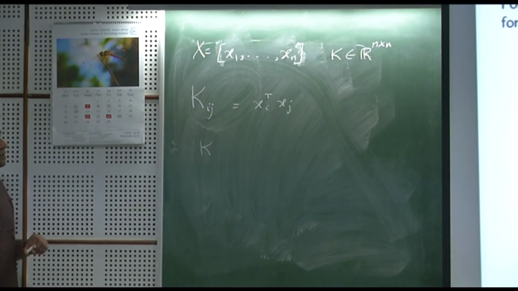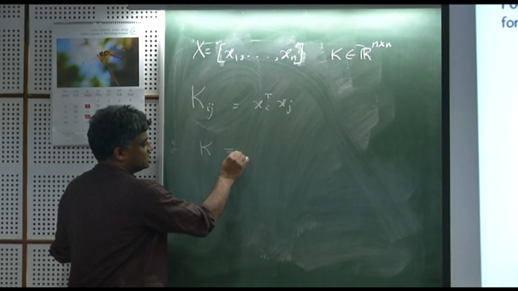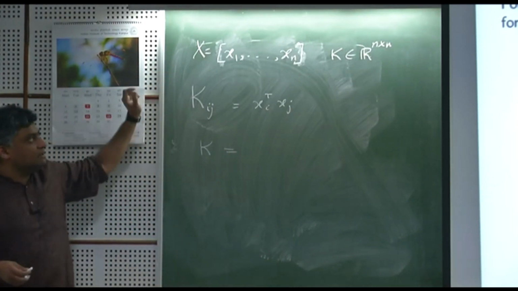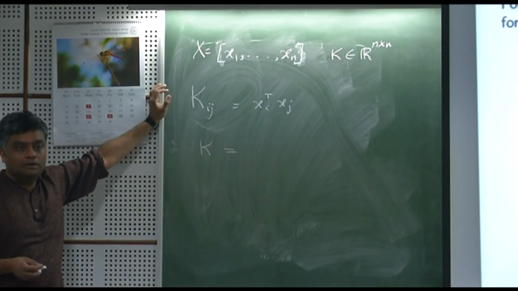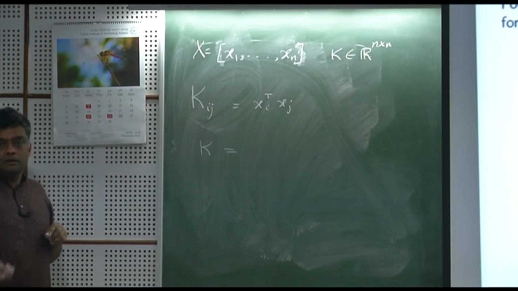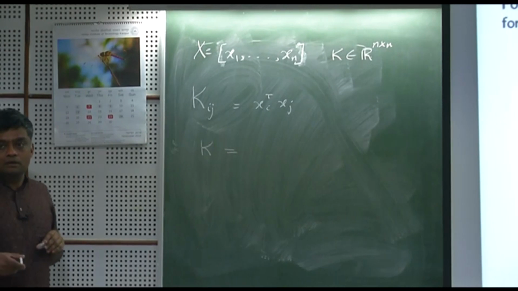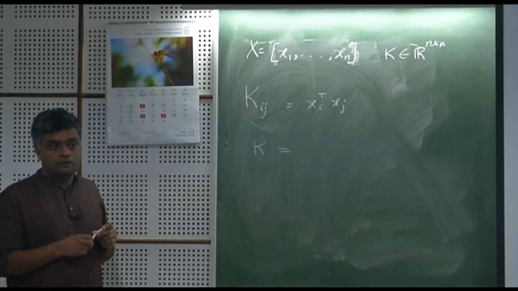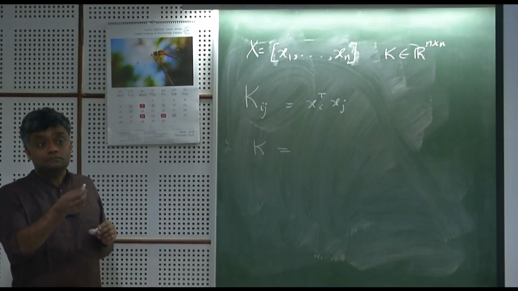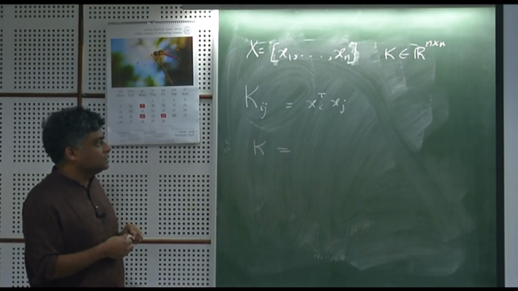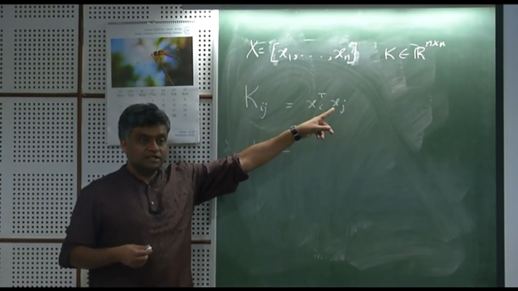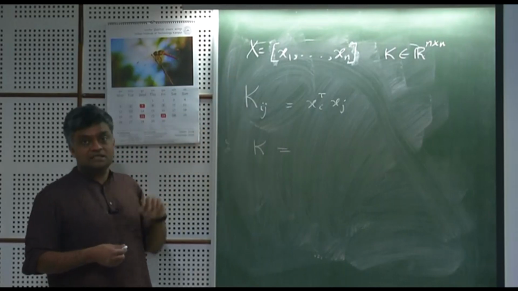Yeah, close enough. If they were mean 0, they were covariance matrices. But what is the structure of this matrix? Can I write K in terms of X somehow? If Kij is xi transpose xj, can I write this K in terms of this X directly somehow?